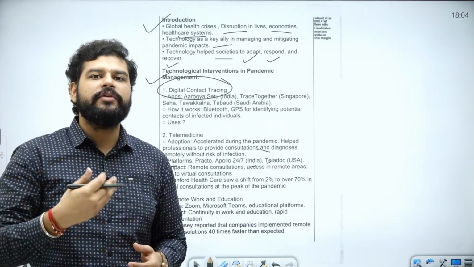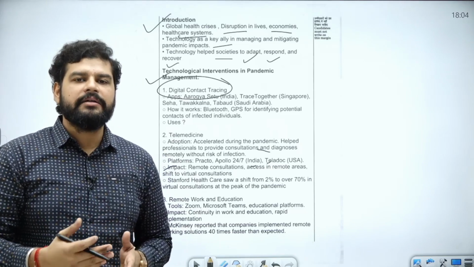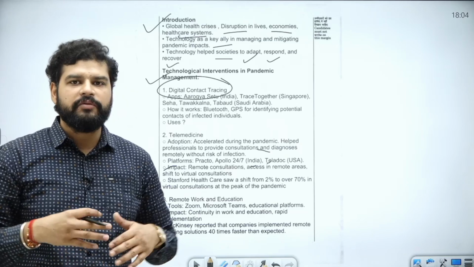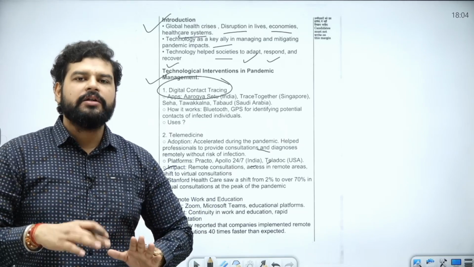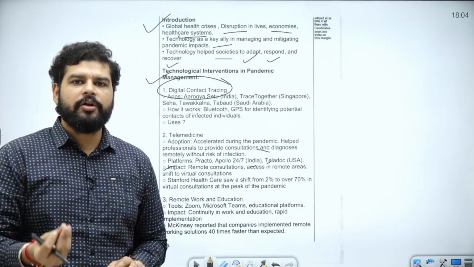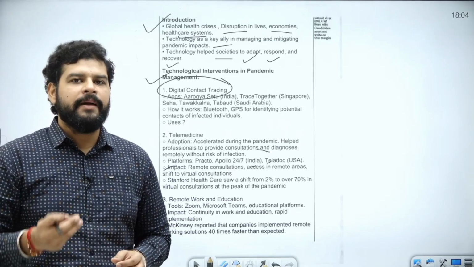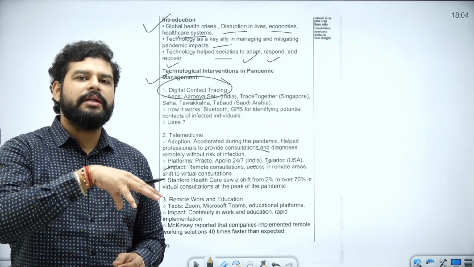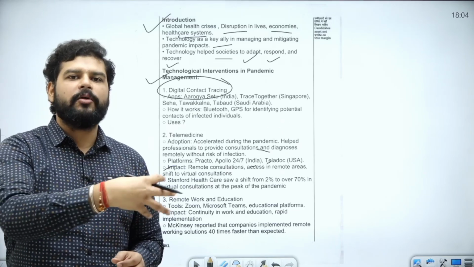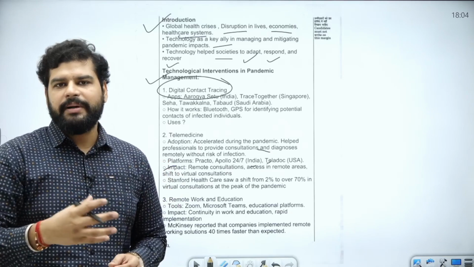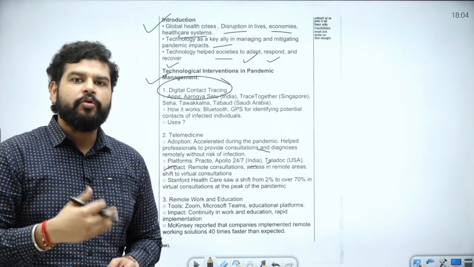So new software was created which could track your location and the location of people nearby you, right? So let's say you got diagnosed and in your application it would be updated. Now people who were in close proximity of you in the past 7 days would be notified, right?